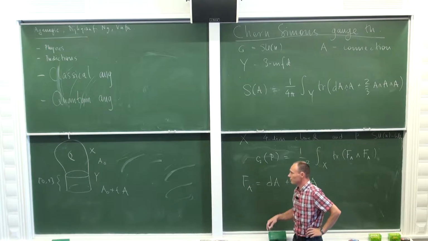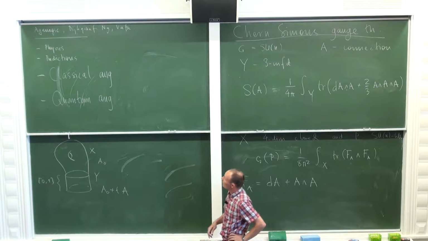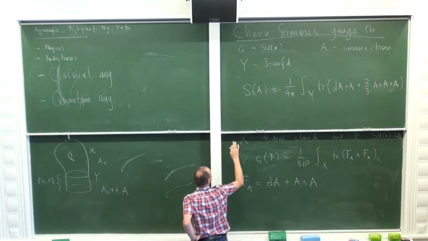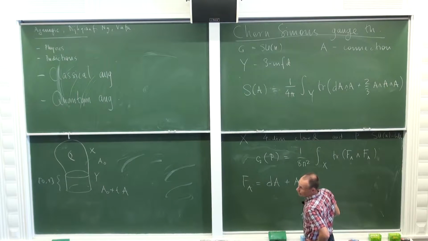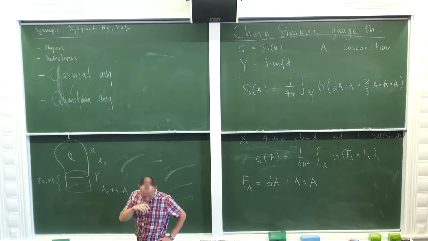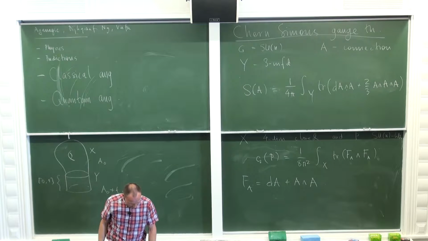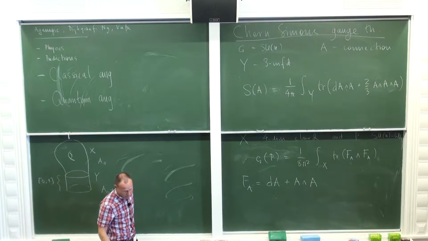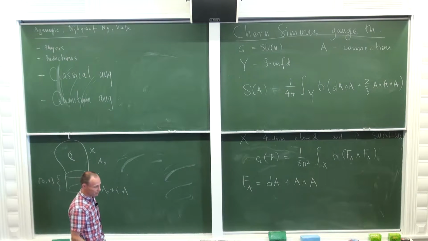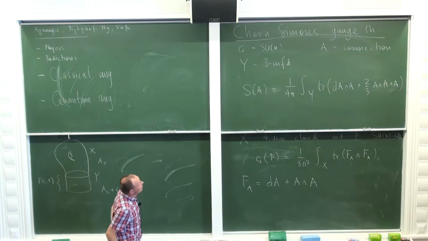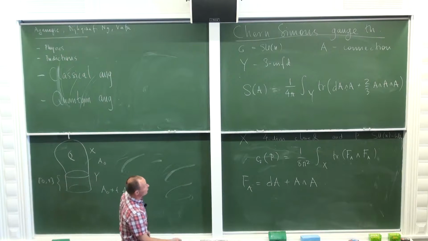And so we find that a large gauge transformation changes this, but changes it in an integer way. Okay, but for small gauge transformations, it's invariant, but for large ones it changes.